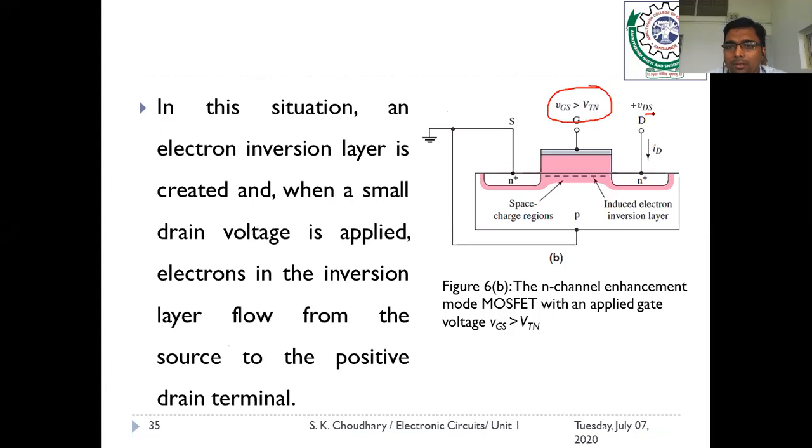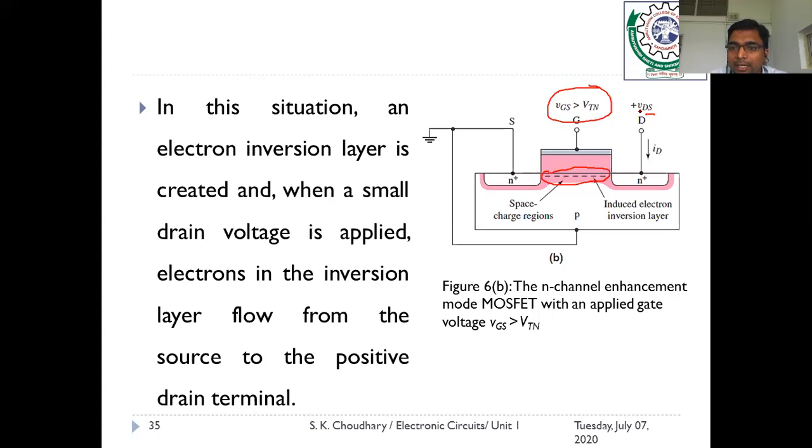Because of this, an electron inversion region has been created, and a channel is established between the drain and source, which allows the flow of drain current from drain to source region.